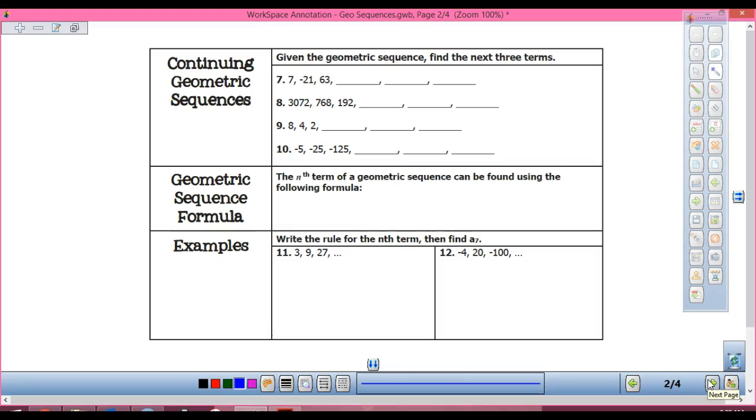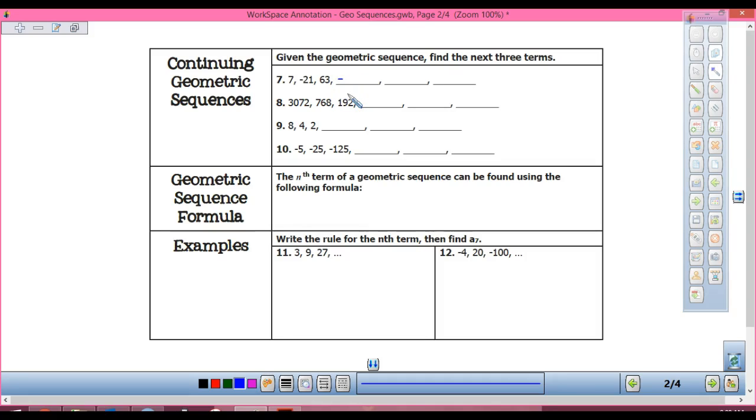Okay, so continuing these, number 7, what are they doing? Multiplying by negative 3. So in order to continue this, 63 divided by negative 3? Negative what? No, remember, oh yeah, we are multiplying, aren't we?